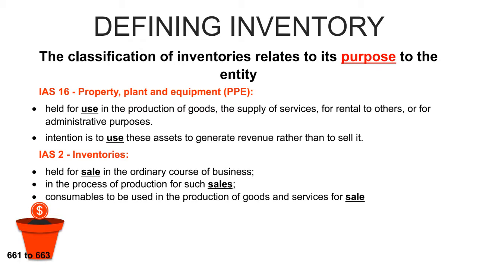And basically you're buying it as an investment. Okay, so you can see the one building, the very same building, can be classified as inventory, can be classified as PPE, and can be classified as investment property, right? The only thing that changes is the purpose that the entity has bought it for, right? What is the purpose that this entity has bought the building for?